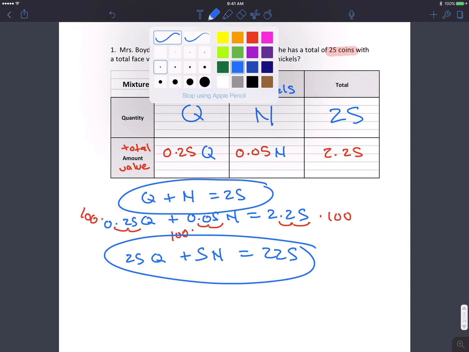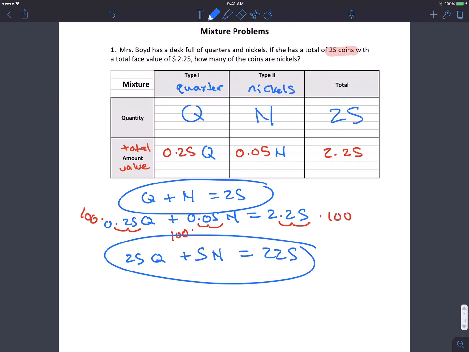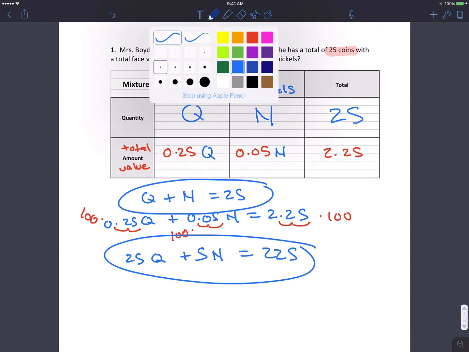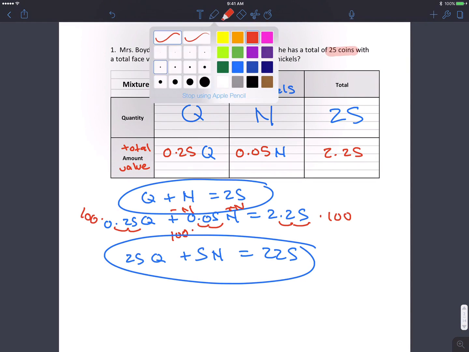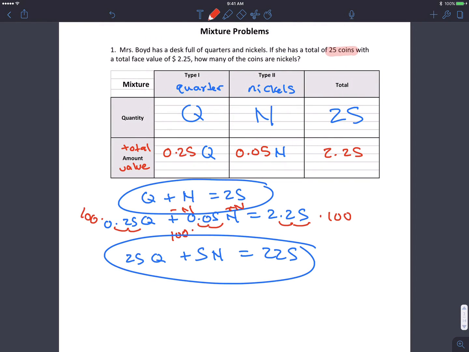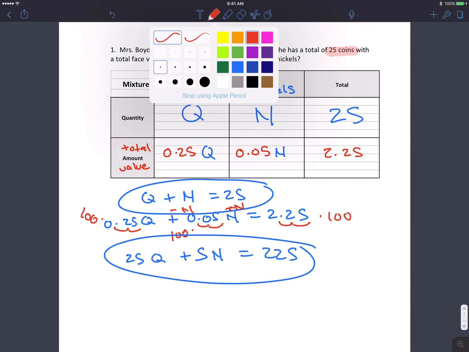Now remember here, I'm going to solve for Q. And what that means is I'm going to translate. I'm going to subtract N from both sides. Let's put it here in blue.